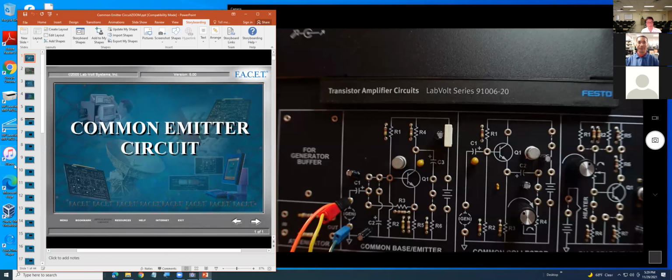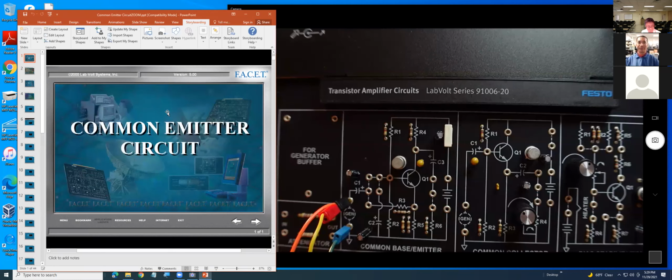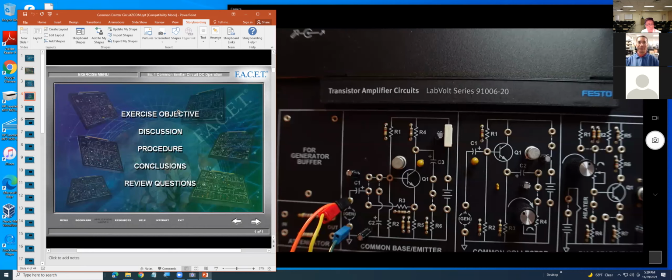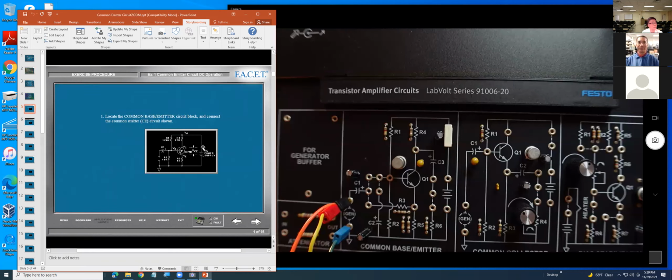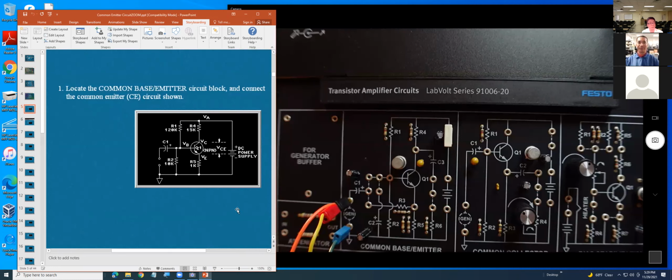Okay, the first thing we will start with is the common emitter.